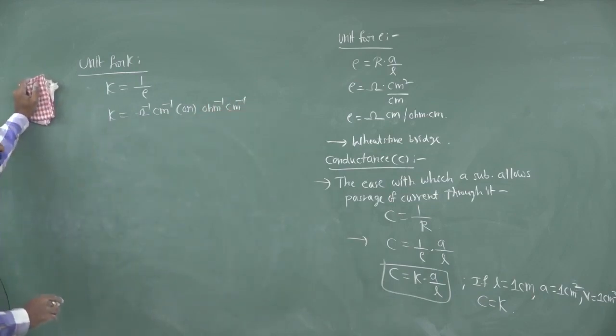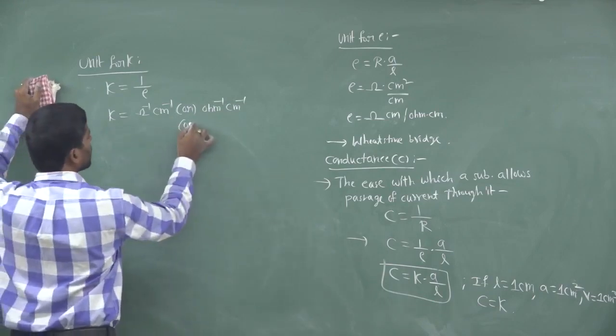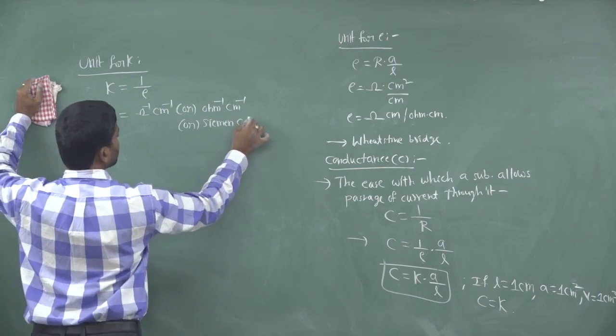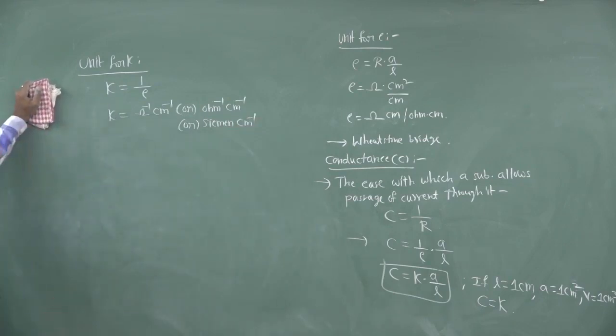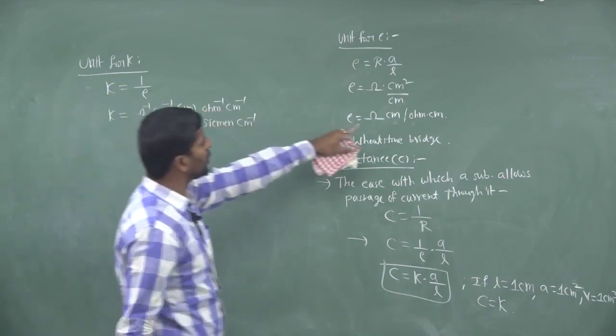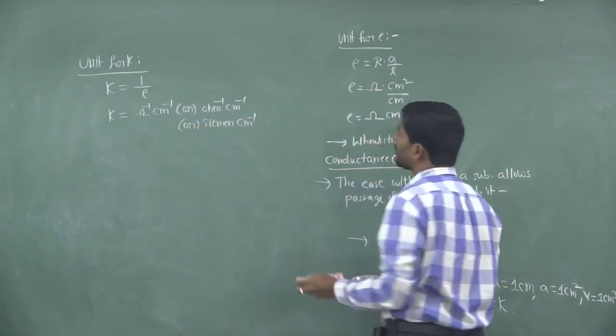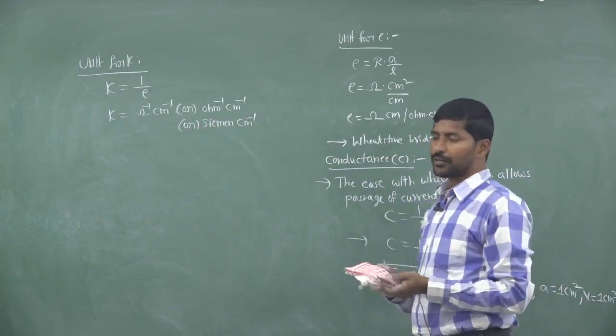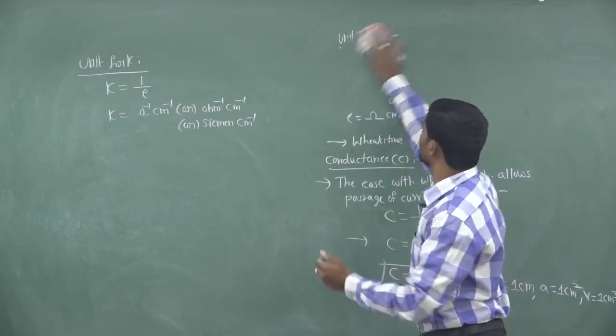Ohm inverse is also called Siemens, so Siemens centimeter inverse, and in SI units Siemens meter inverse. That is the unit for K.